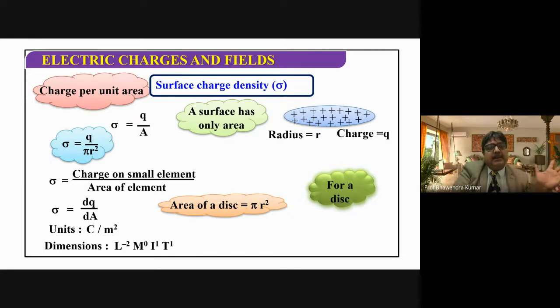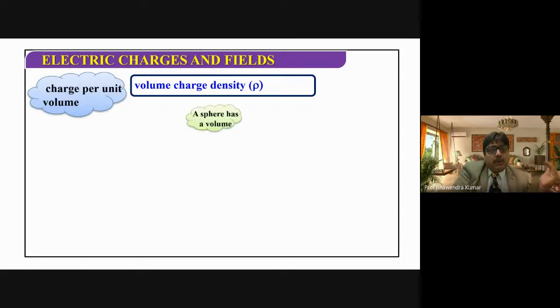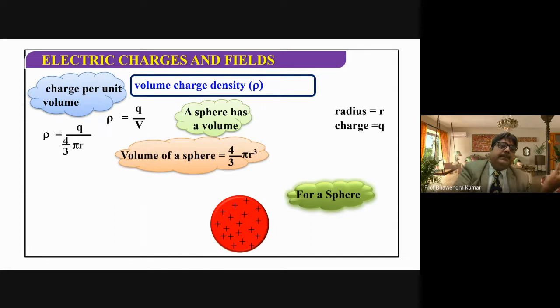Any problem is there? The charge can also be distributed over the volume. Symbol is rho. A sphere will have a volume. So its radius is r, then the volume will be 4 by 3 pi r cube. So rho will be q divided by 4 by 3 pi r cube.